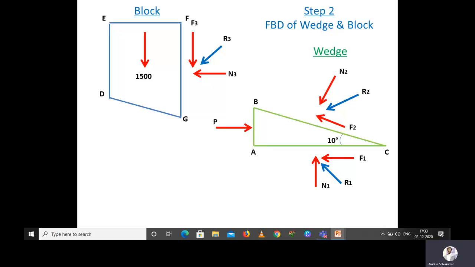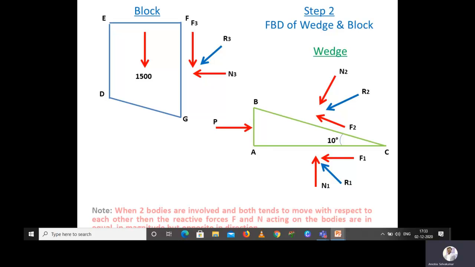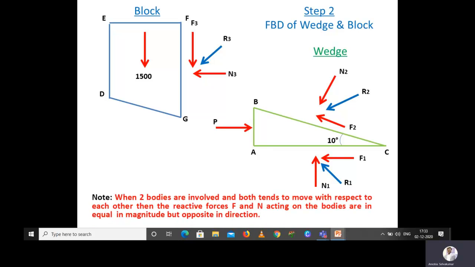Now we will come to the surface DG. Before going to that, I want to recollect one more important point: when two bodies are involved and both tend to move with respect to each other, so here it is wedge and block, these are two bodies, then the reactive forces F and N, so here I am talking about F2 and N2.